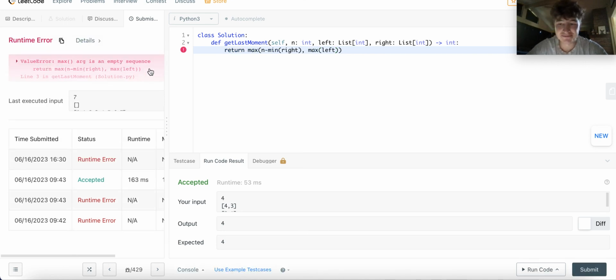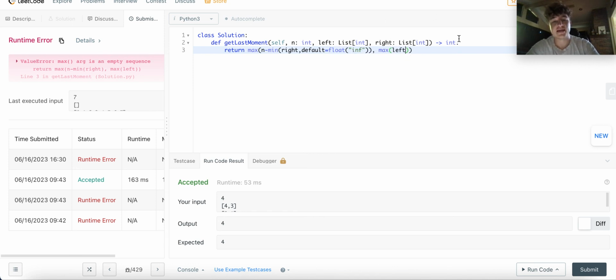Okay, so now we have empty argument scenarios. To fix this, this is just a little cheat, I guess. We can have a default value. So what would the default value be here? If we want to make this not be the solution, we would want to make n minus what? So float infinity.